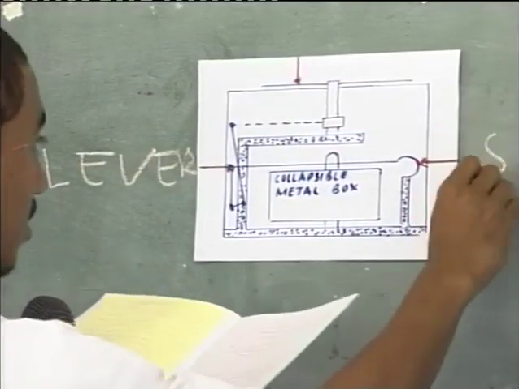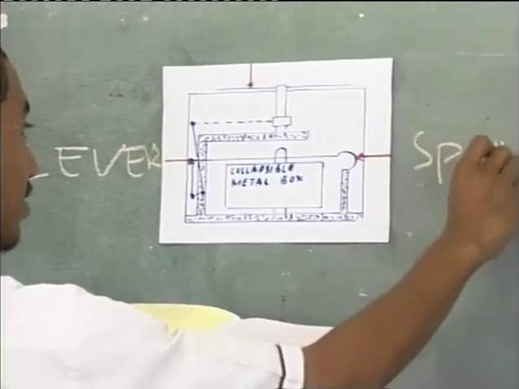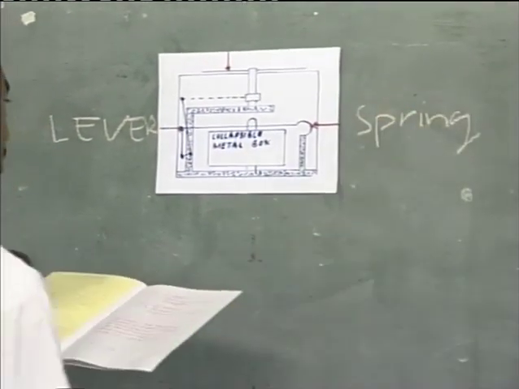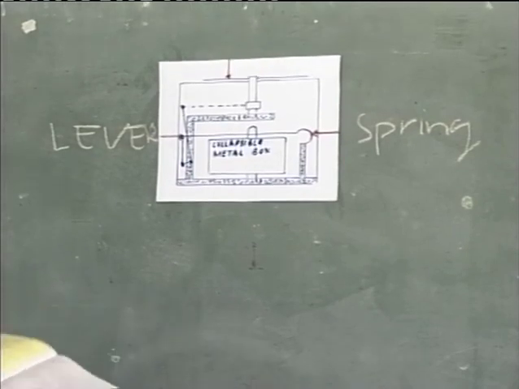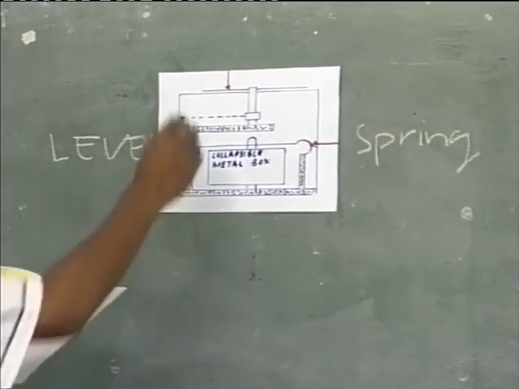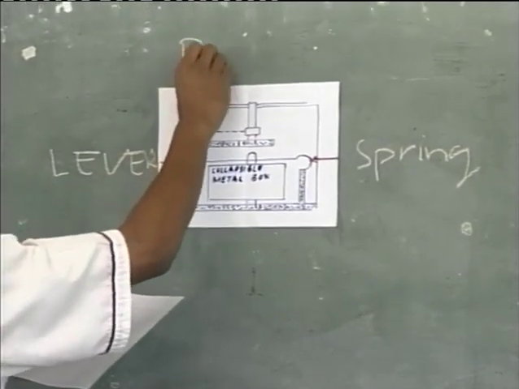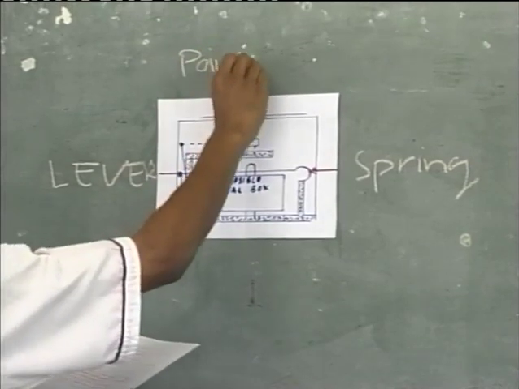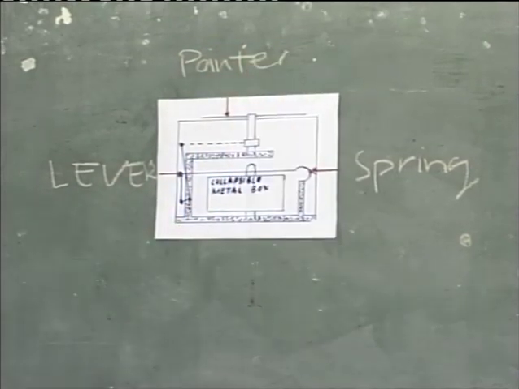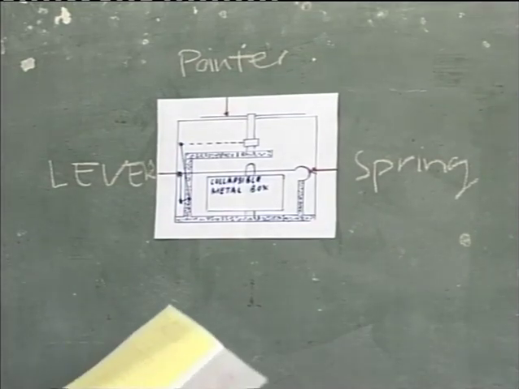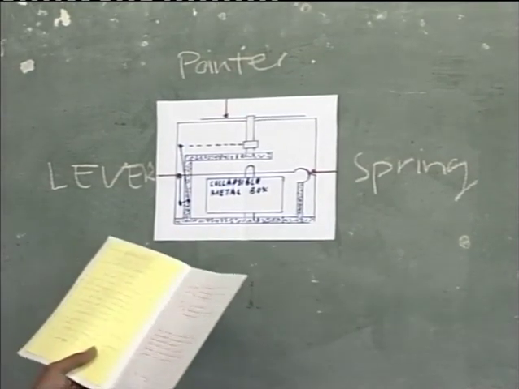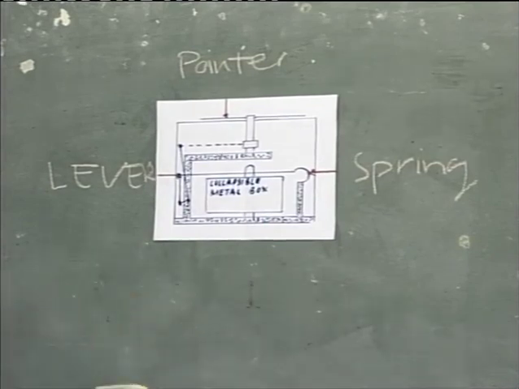And here we have a spring. And then here we have the pointer. The movement of the box top is conveyed by a system of levers to a pointer, which moves across a graduated scale.